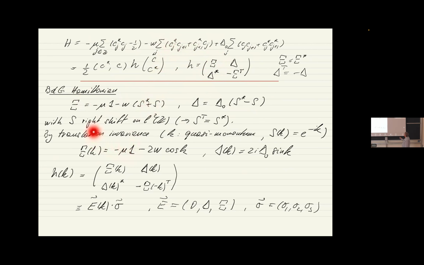And so it's not difficult to convince oneself that if you call S the right shift on L2, and therefore the left shift would be the adjoint, this thing here would correspond to S star plus S. And that is all there is in psi.